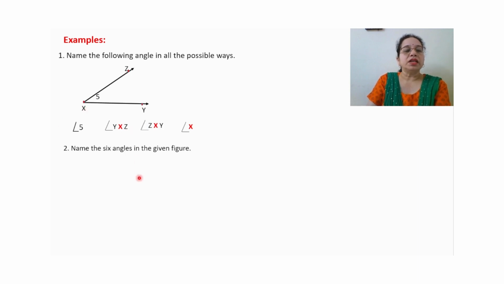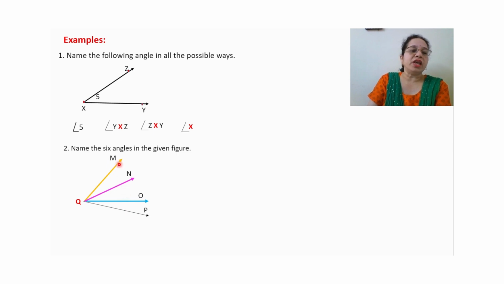Now name the 6 angles given in the figure. Instead of this, the question may be given as how many angles are there, name them. So you need to find out how many angles. The easiest way is to keep this yellow ray in your mind.